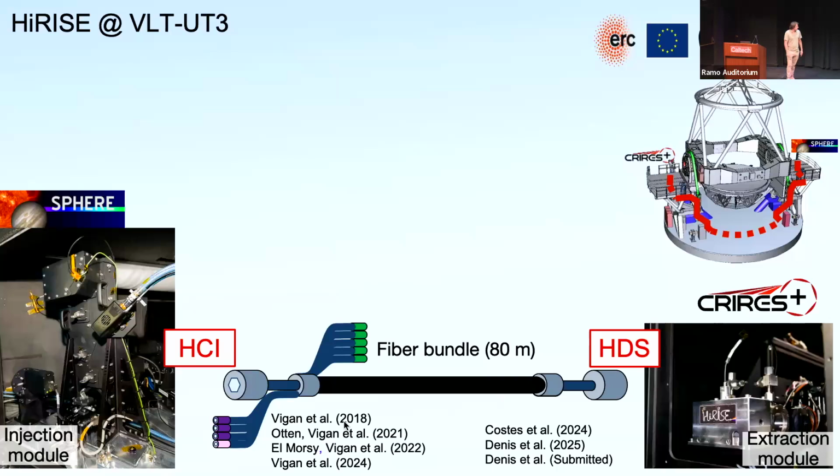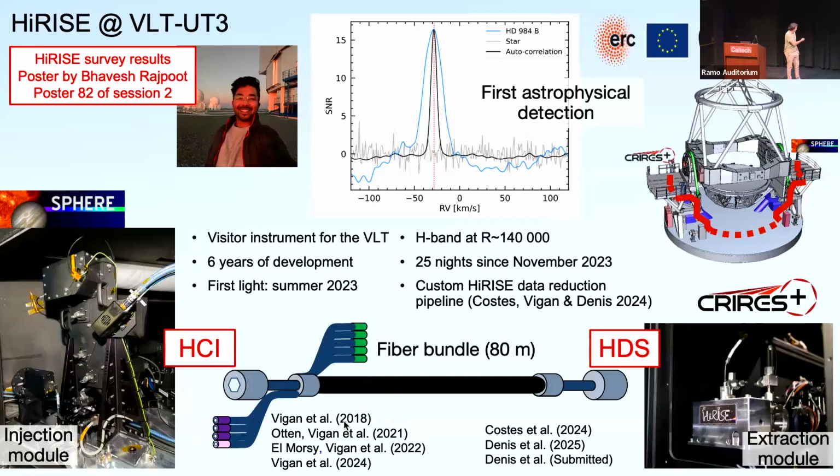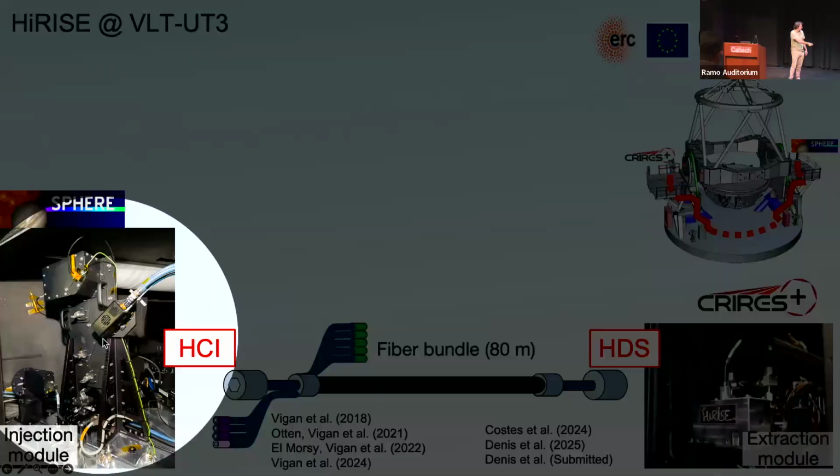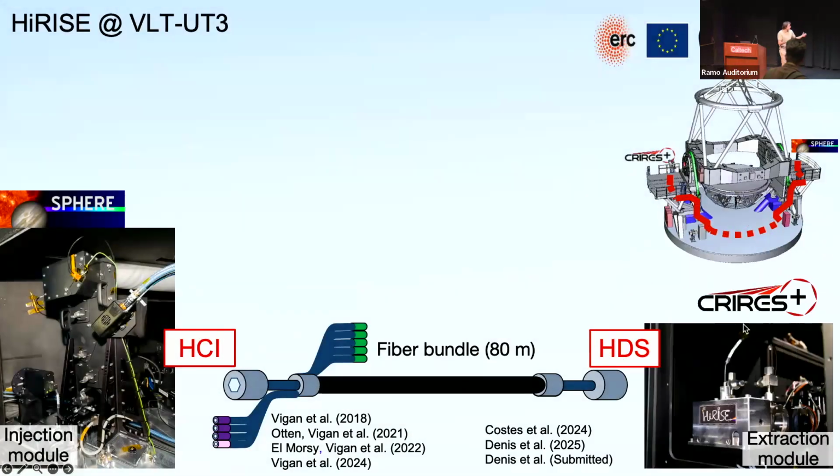So the VLT HiRISE instrument is a bit similar to KPIC actually. It is an instrument installed at the VLT, and the principle is that it combines the high contrast imager instrument SPHERE with the high dispersion spectrograph instrument HiRISE Plus with a fiber bundle.